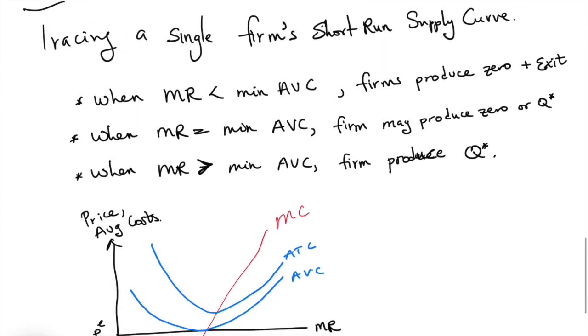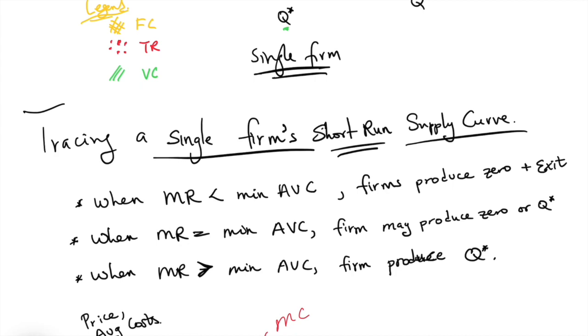Okay, so let's go back. Let's go down here to tracing a single firm's short run supply curve. Now, children, whenever marginal revenue is below the minimum of the average variable cost, the firm should be indifferent between staying and exiting. The firm can produce zero. Scratch that. Whenever marginal revenue is below the minimum of the average variable cost, the firm should produce zero and exit.